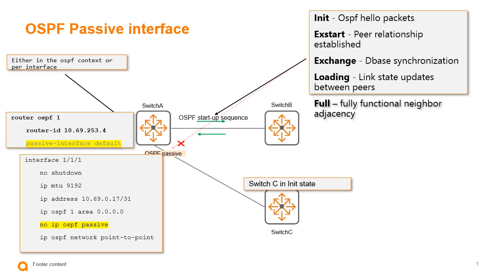Or we could reverse that, effectively take the IP OSPF passive off, remove it under the router OSPF 1 instance, and effectively turn it on under the specific interface if we want to have that particular interface as passive.